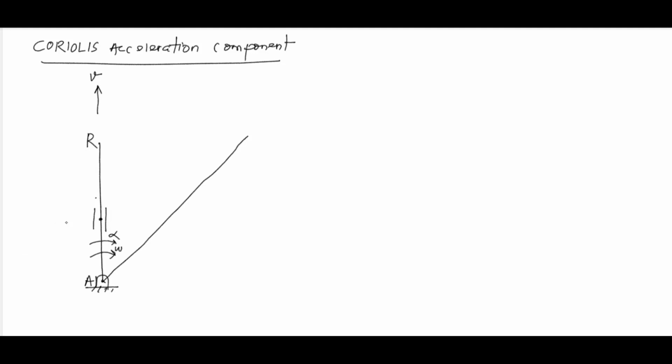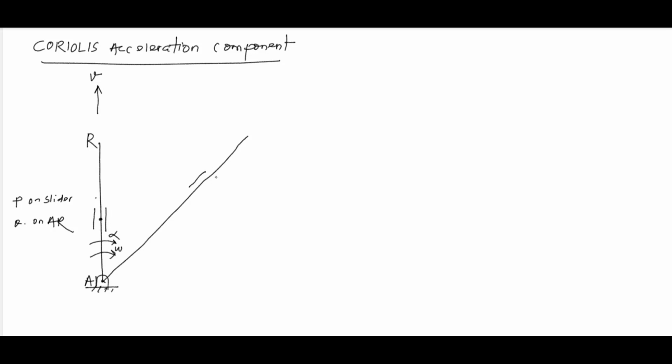Now here the point P represents a point on the slider, Q is the same point on the rod AR. Just draw it, then I'll explain.